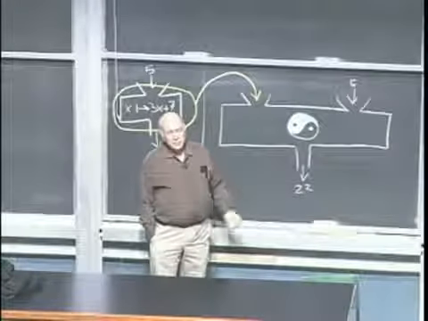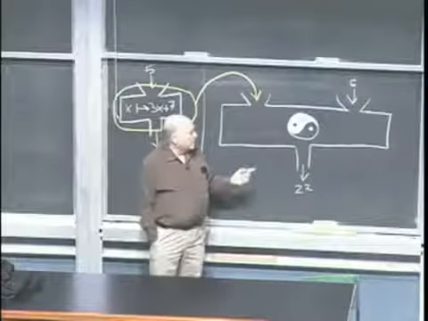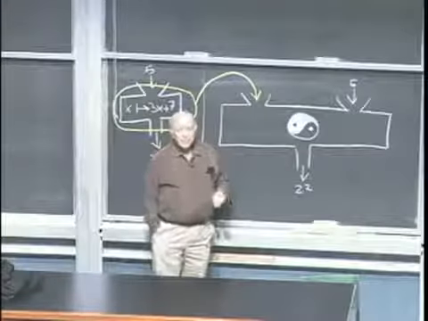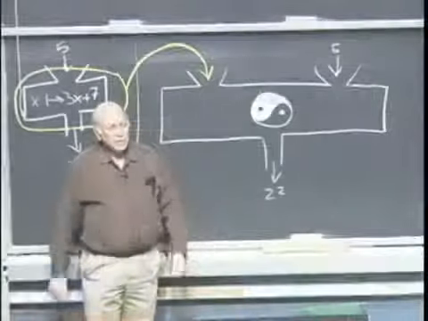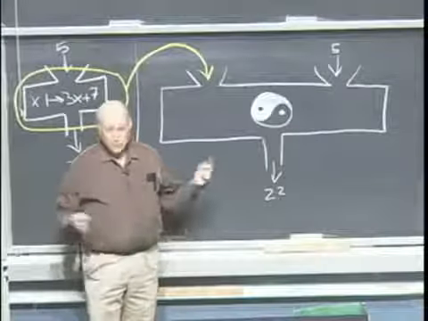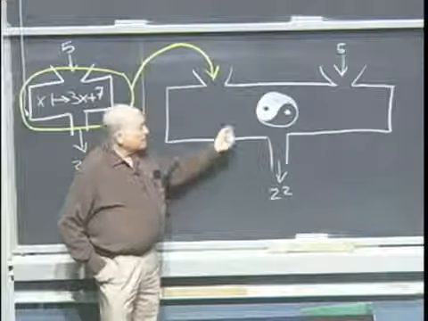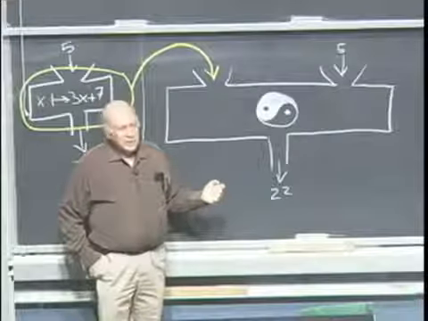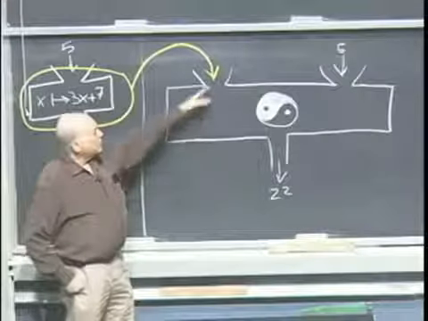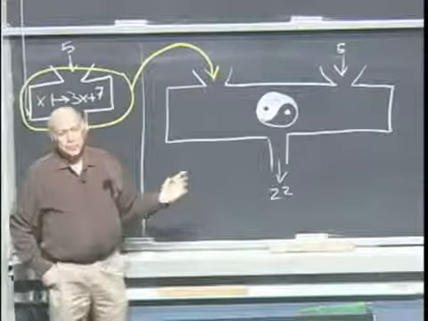In the book, in chapter 4, when we do the metacircular evaluator, they use the yin-yang symbol to represent the metacircular evaluator because it does mutual recursion, as we'll see shortly. And this universal function takes as its inputs first a description of a machine.